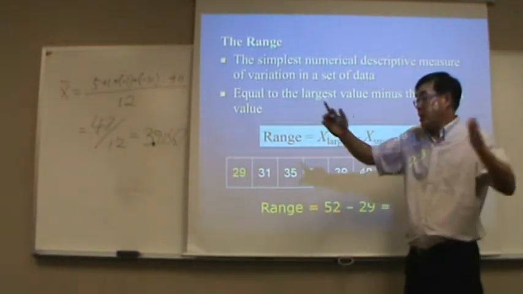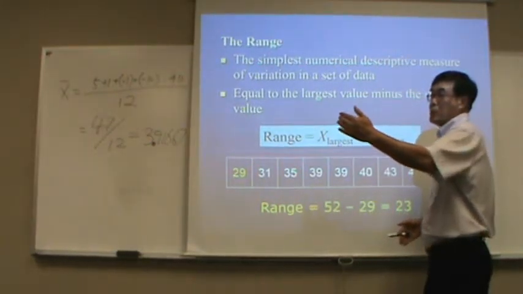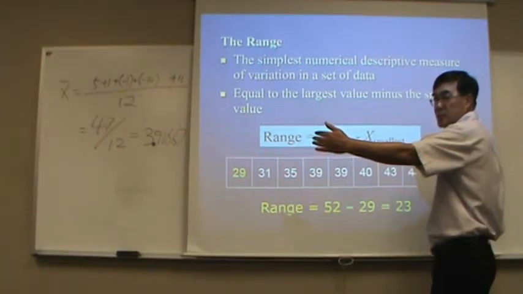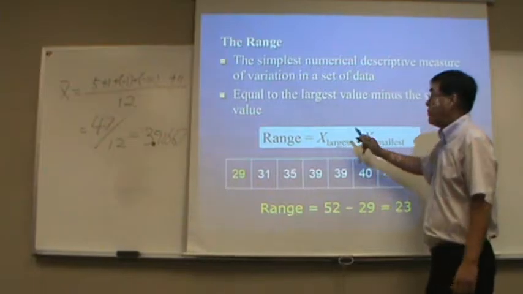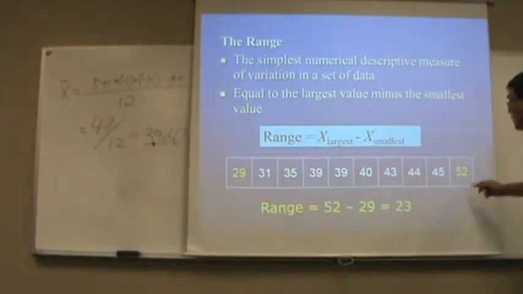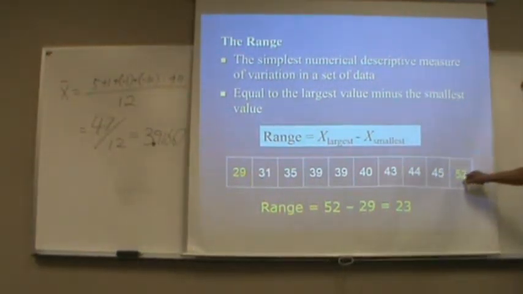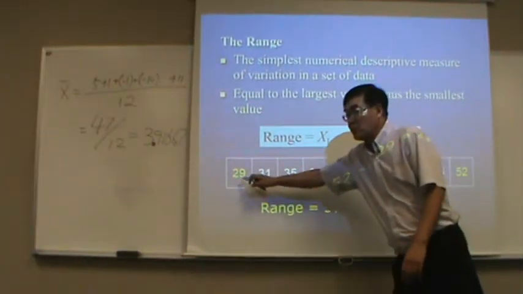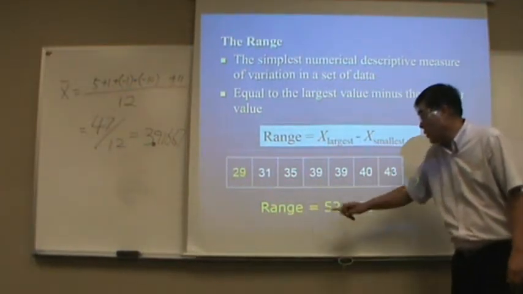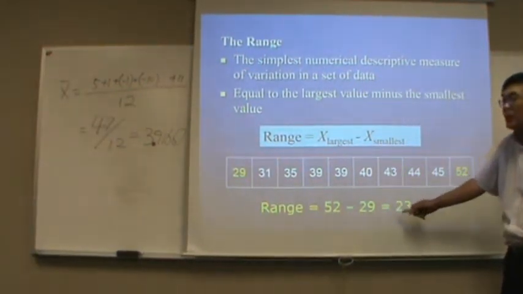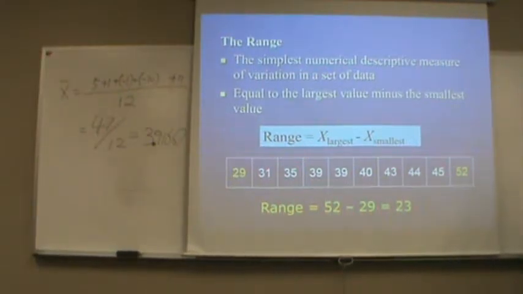Range is the distance from smallest to largest. In this data set, the largest is 52 and the smallest is 29. So range is 52 minus 29 equals 23. That is the range.